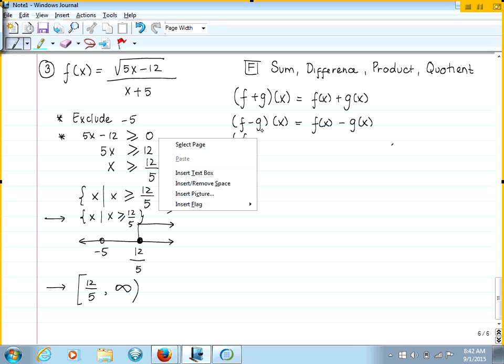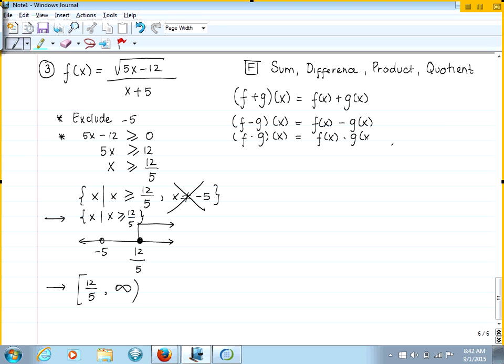Product is what operation? Yes. f times g of x is equal to f of x times g of x. Quotient? What is quotient? Division? Yes. f of x over g of x.